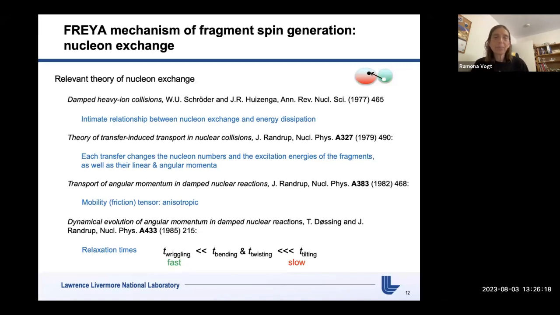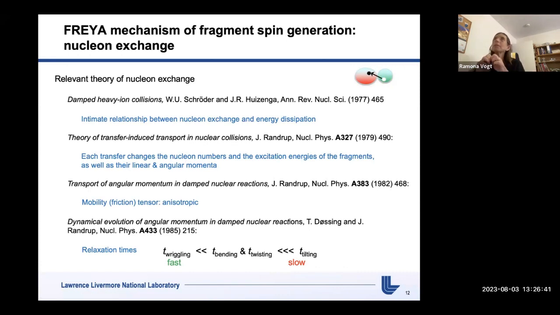These are some papers that describe the theory of nucleon exchange. Most of them were written by my collaborator, Jørgen Randrup. So there are different modes that get excited by the transfer of nucleons between the 2 fragments.